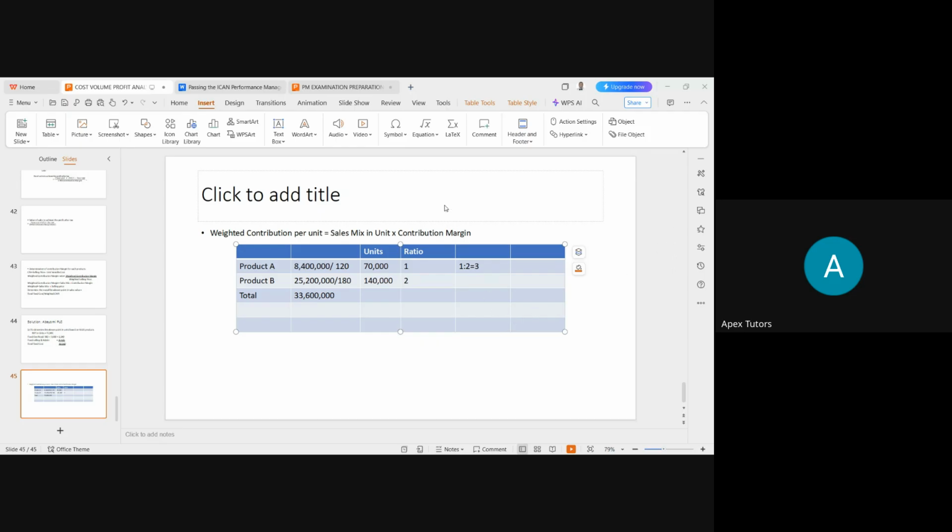So now to forge ahead, what we're trying to do is to get the weighted contribution per unit. Please, can you put your question on the chat box? What we've determined here is the ratio.